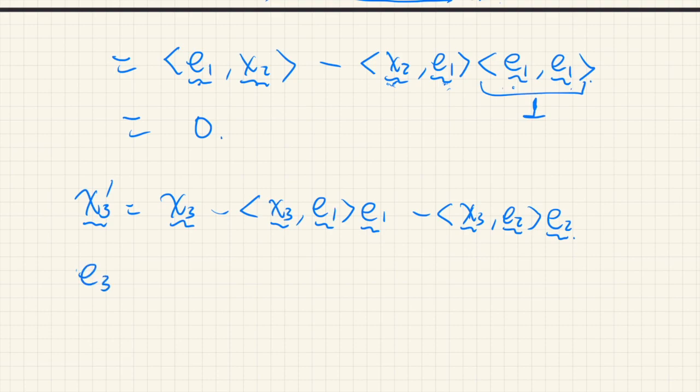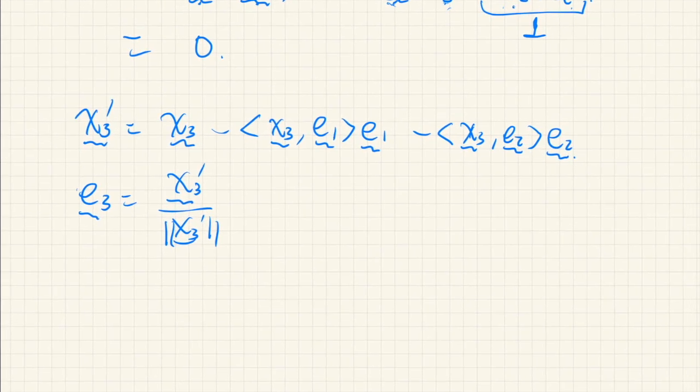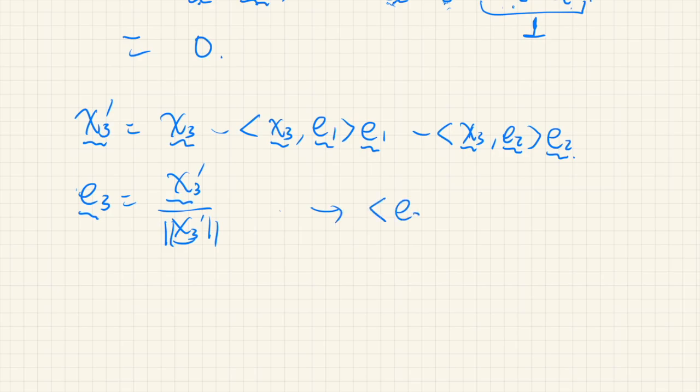Then e3 is given as the normalized version of x3 prime. Again, from here it's immediate that the inner product of e3 with itself is equal to 1. So that's clear. And what about e3 times e1?